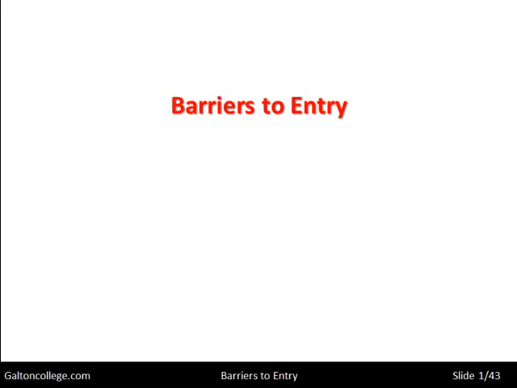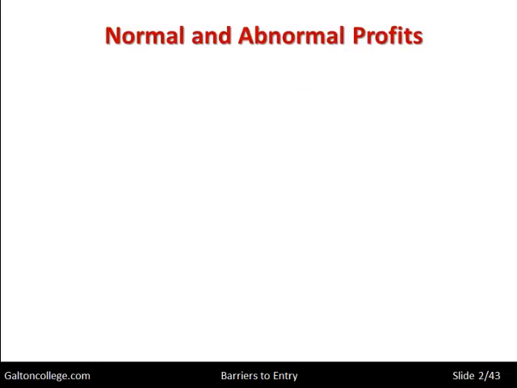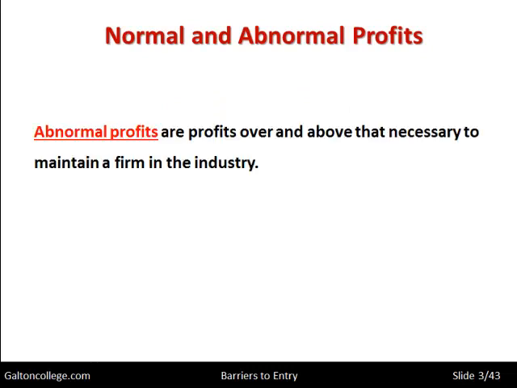So what we're going to do in this video is to look at some ways in which companies may attempt to block entry. Let's start by just talking about what we call normal and abnormal profits. Now, abnormal profits are profits over and above that necessary to maintain a firm in the industry.